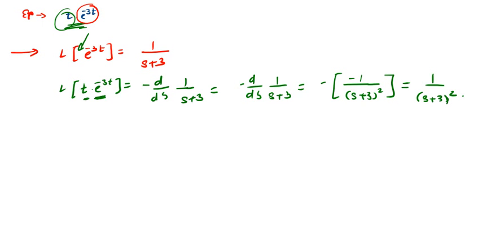Suppose I take one more example over here, t into cos 2t. What I told you: take the minimum term whose Laplace transform is known to you. Suppose we want to find the Laplace of t into cos 2t.